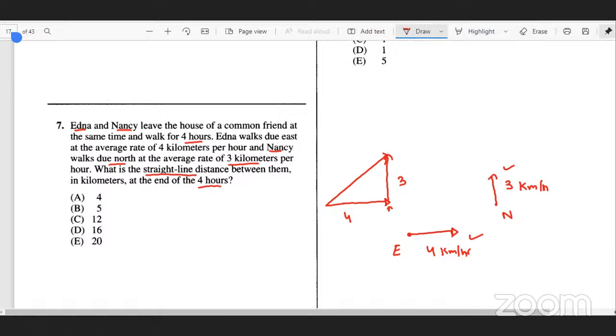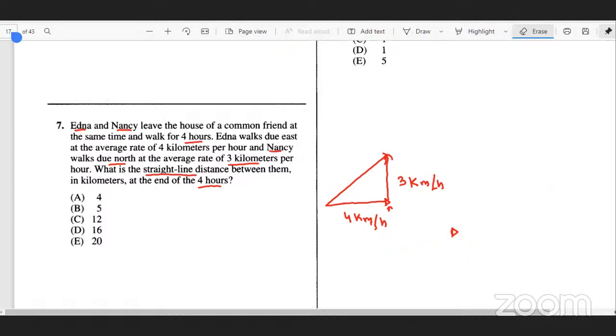Now, one thing should be clear. This is 4 kilometers per hour, and this is 3 kilometers per hour. Here, these are speeds. In the question, you need to find distance. So be very clear with that part. This means that I need to convert these speeds into distance. How am I going to do that? Now, these are speeds.